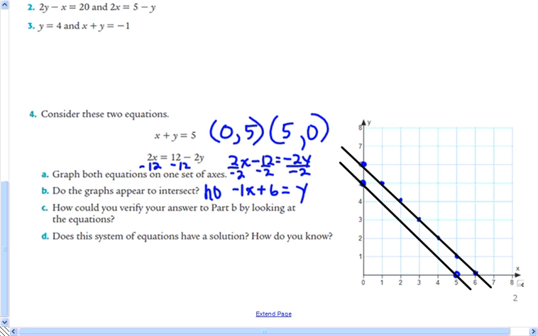And the slope in this one equation is negative 1. If we solve this equation here for y, subtract x from both sides, we get y equals negative x plus 5, and that slope is also negative 1. So we can verify that they're parallel because the slopes are the same.